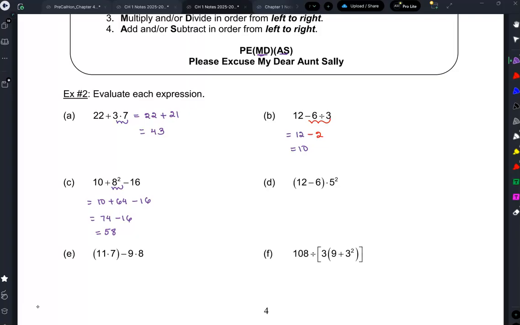Okay, what do we do first here? 12 minus 6. 6 times 5 squared, yeah. So this is 6 times 25. We can do that in our head, right? What's 4 25s? 100, and then 2 more is 50, so 150.